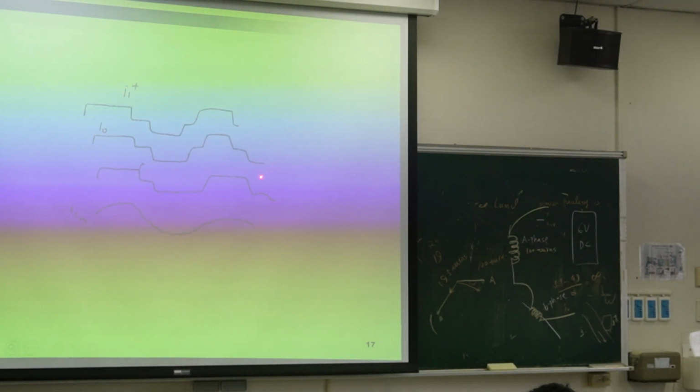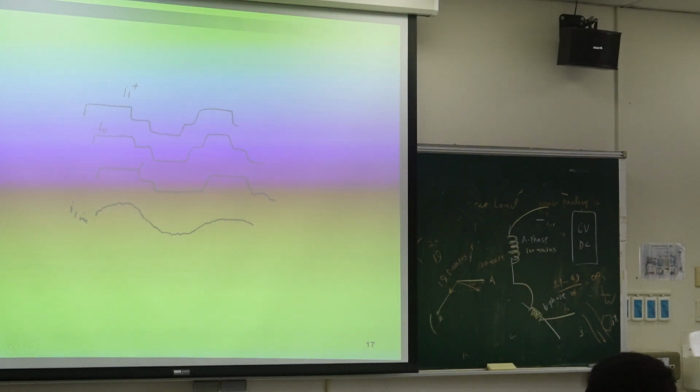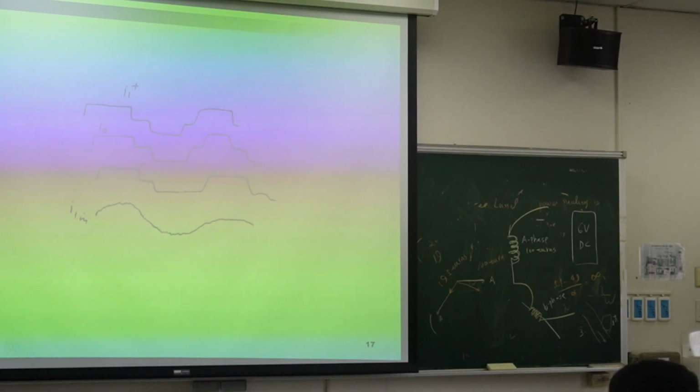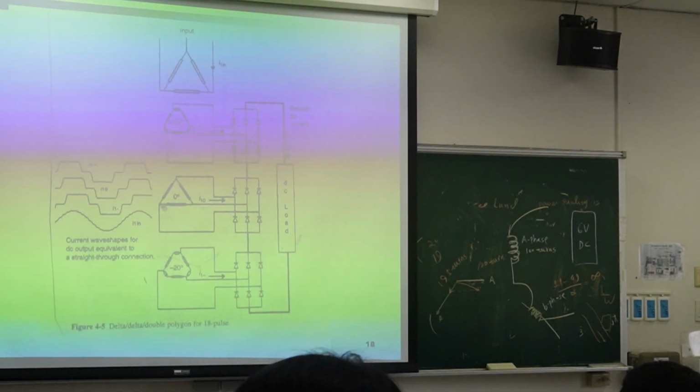So the 3 current summation become this current. So the idea is very simple. We use a synthesize method to create the current. And the current could be 1000 ampere, more than 1000 ampere.